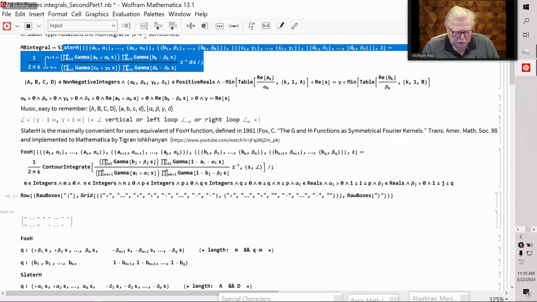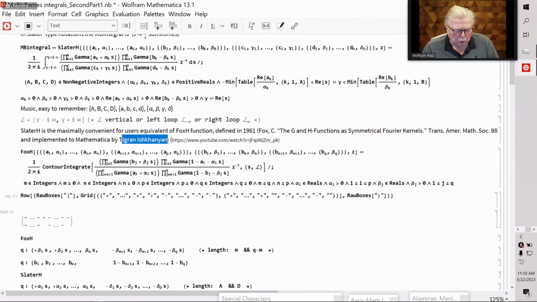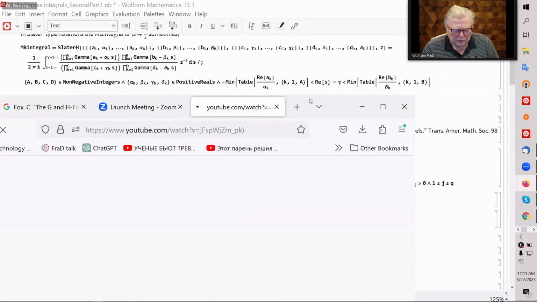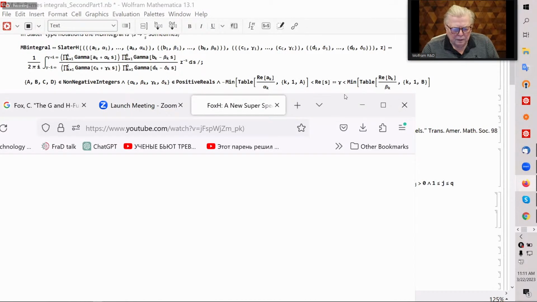Before continuing the talk, I will mention that Tigran Ishkhanyan, who is working at Wolfram Research and who implemented this function FoxH, made a talk about the FoxH function.